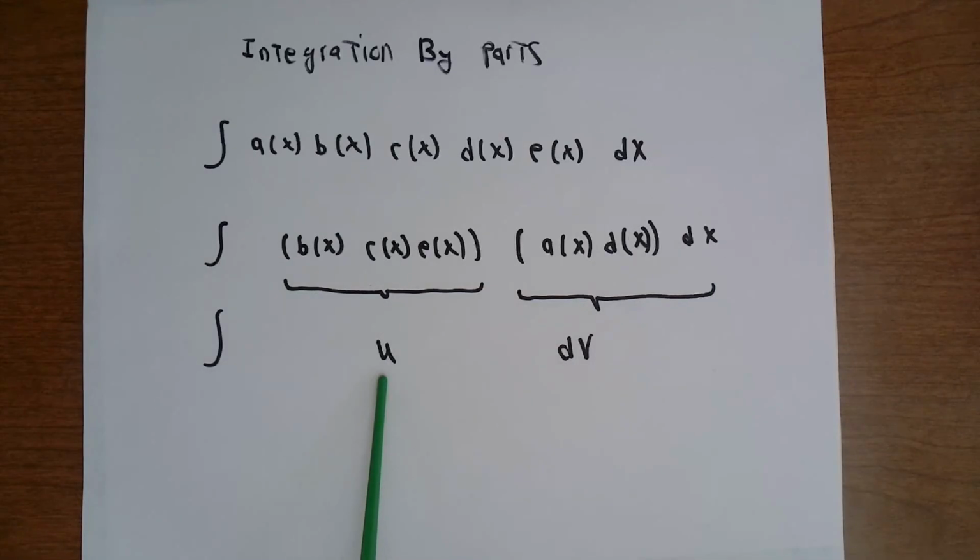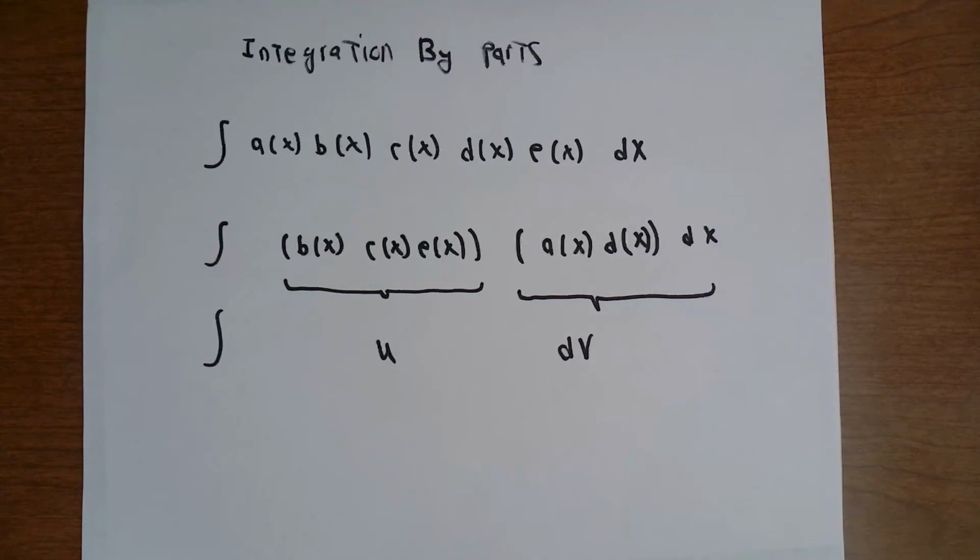We might call the first function of x u, and this second thing, which is a function of x dx, we'll call dv. So generically, we will have a way of splitting our set of factors up in this way.